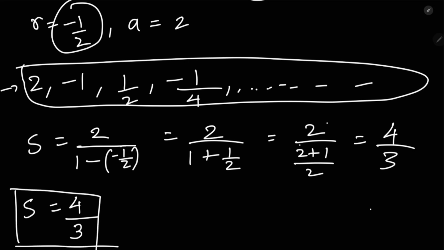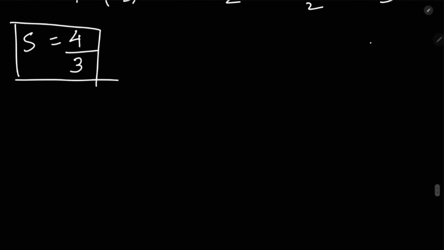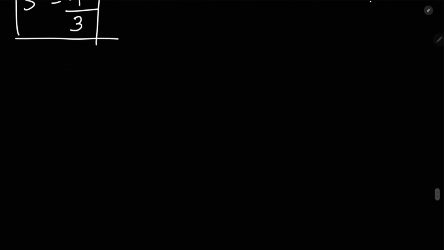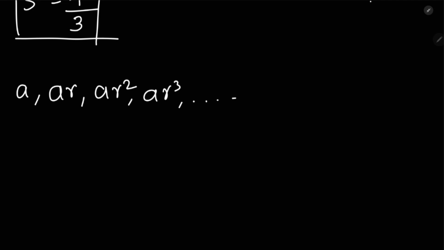So this was all about the geometric progression, and for your reference I'll write all the formulas again. So geometric progression is when you multiply a first term by a constant factor r. So a, ar square, ar cube, and so forth. And the nth term will be a times r power n minus 1, as we saw before.